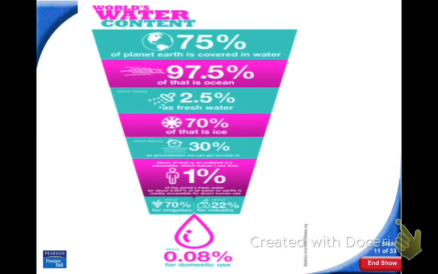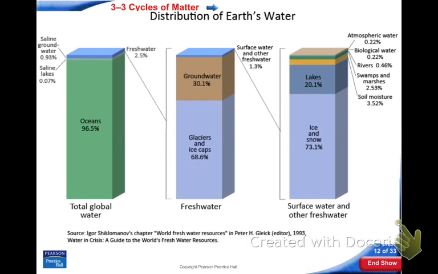But of that 2.5%, 70% of it is ice. 30% is in the ground and such. And only 1% is even involved in anything that humans might be able to access. And 0.08%, okay, 0.08% of what is on our planet is actually available for us to use.